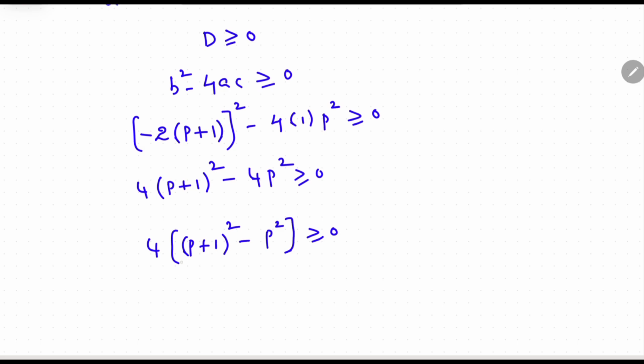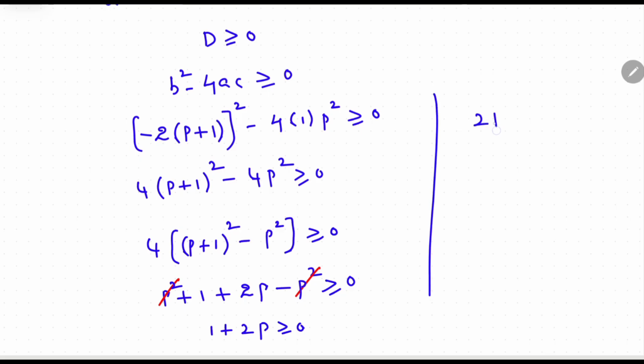So we are left with p plus 1 whole square. On expansion, p square plus 1 square plus 2 into p minus p square greater than or equal to 0. Here these two will be cancelled. So 1 plus 2p greater than or equal to 0. Therefore 2p greater than or equal to minus 1, p will be greater than or equal to minus 1 by 2.